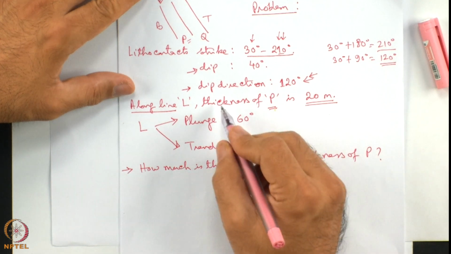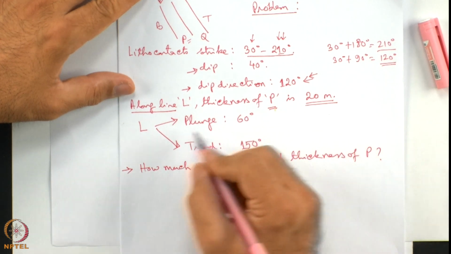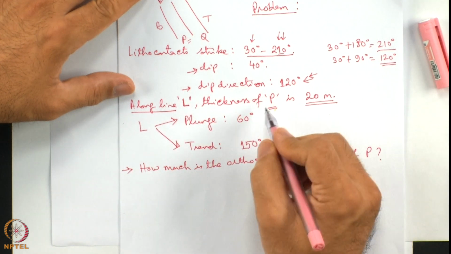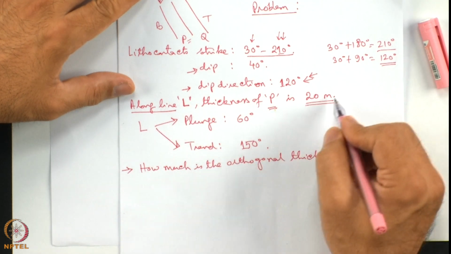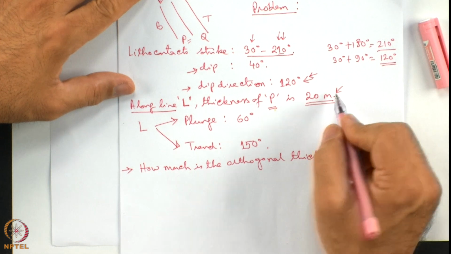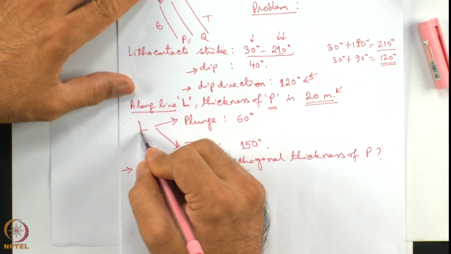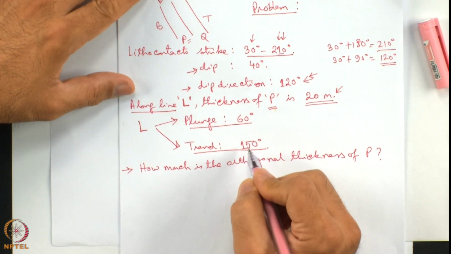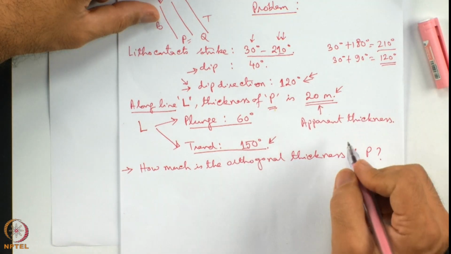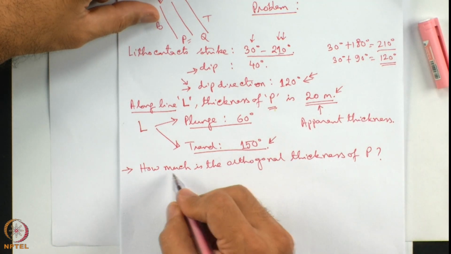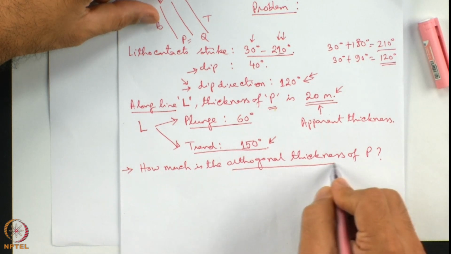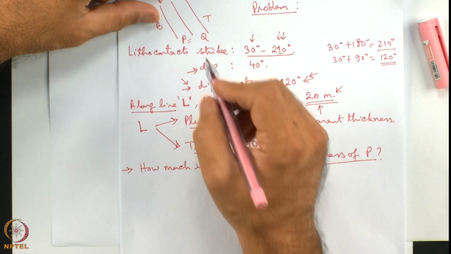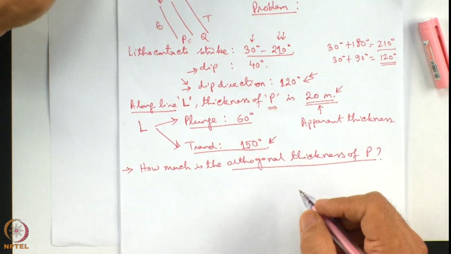Suppose in the field we got an opportunity to measure the thickness of the layer P, and the thickness is 20 meter, but the line L has a plunge 60 degree and trend 150 degree. Now, the question is, for layer P, how much is the orthogonal thickness? If we can solve this for layer P, then for layer Q also we can solve similarly.